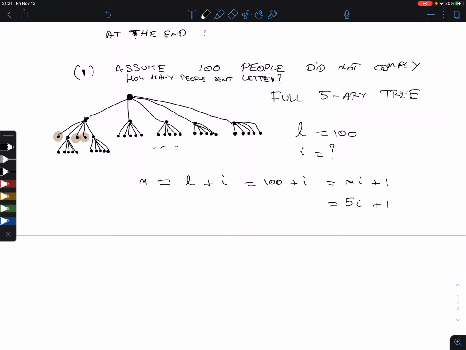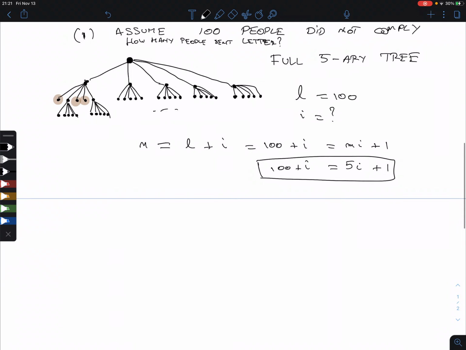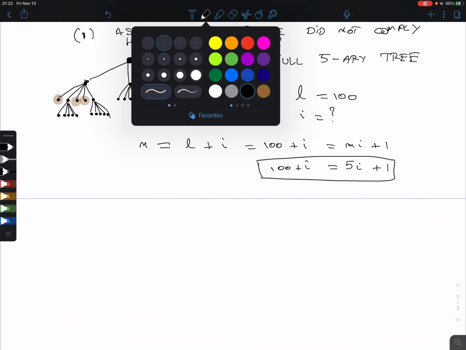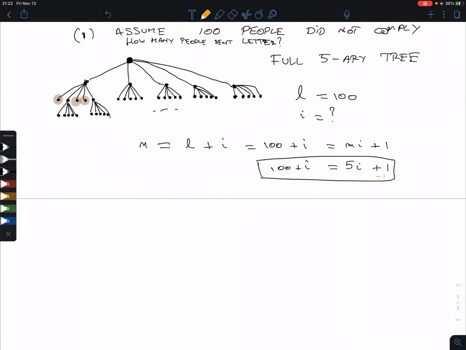Now I have an equation here, so let me write it up. What is the relevant equation? I can solve for I, because after all, that's what I'm after, right? So how do I solve here? Well, bring the 1 to the other side. I'll do it so that nobody gets a minus 1 here, and then I do minus I, right?